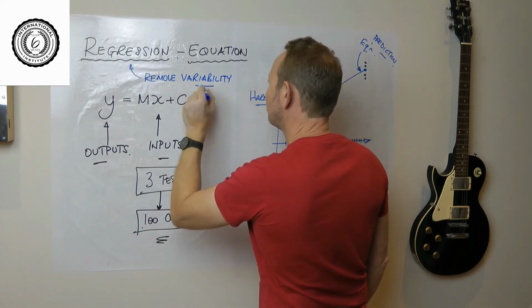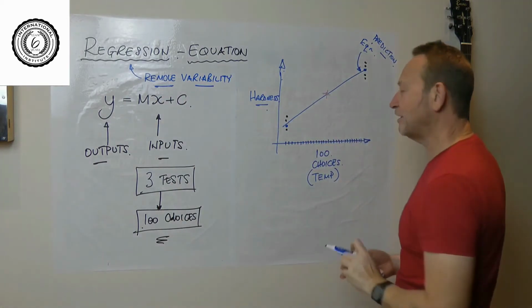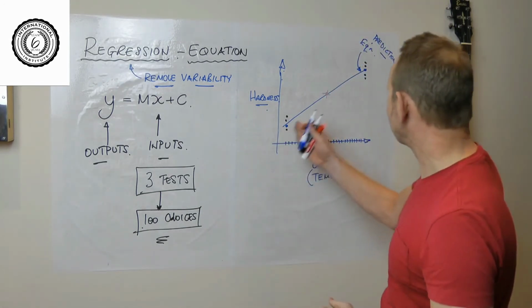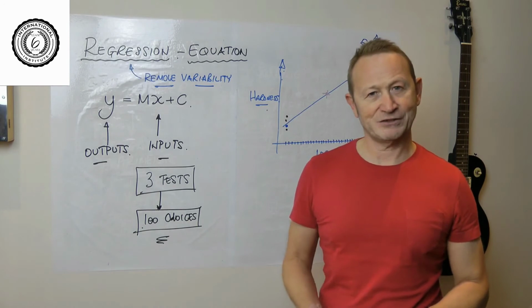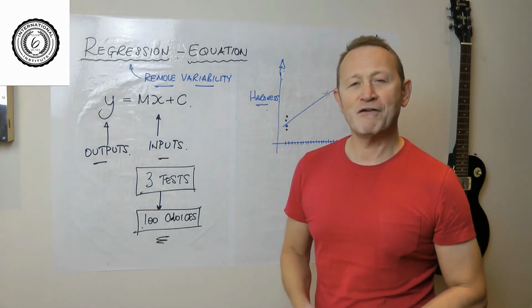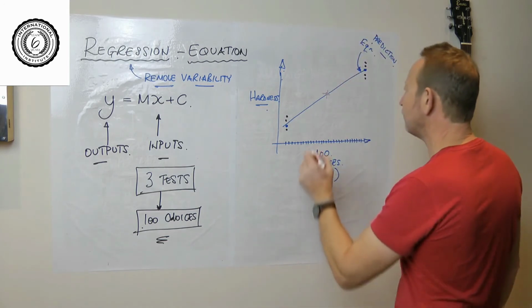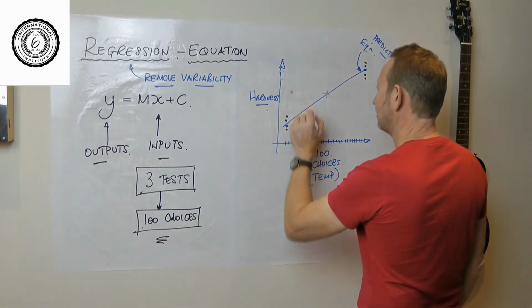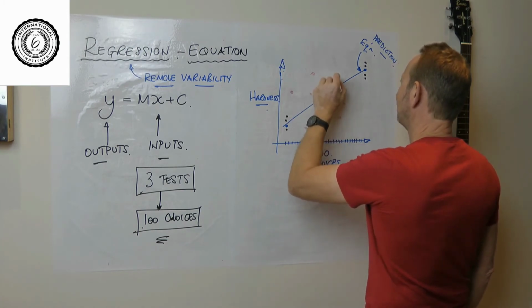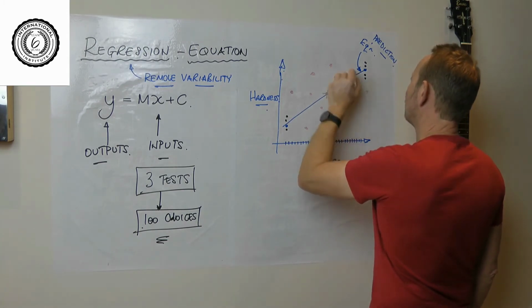Because if this process is highly unstable, then yes, you'll get a prediction equation that looks like that, but maybe the data points fall a heck of a long way from that line. So maybe you get data that's going to get scattered dramatically all over the place.